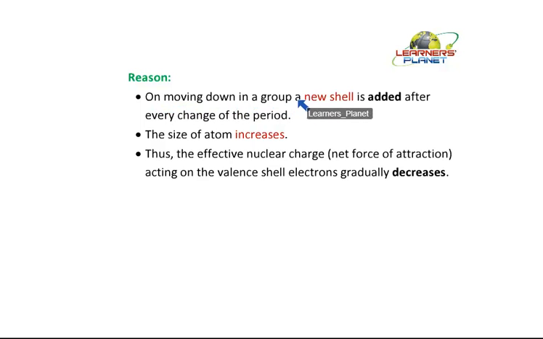A new shell is added after every change of the period. Okay, say if I am talking about the second group elements, that is 2A. So what are the elements here, students?